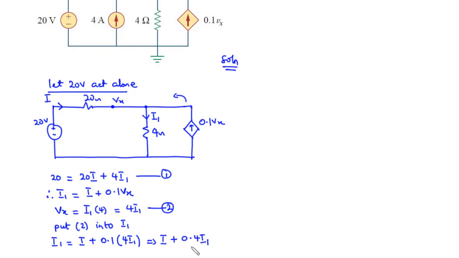Now we are going to transpose 0.4 I1 to the left hand side, so that's I1 minus 0.4 I1, which is 0.6 I1 equals I. So let's call this equation 3.